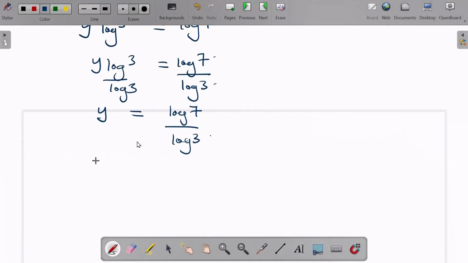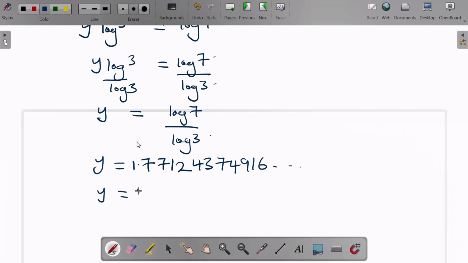If I press the calculator, it gives the value of y as 1.77124374916. It's a non-terminating decimal, so you can say that y is equal to 1.7712, correct to 4 dp. This is our value of y.